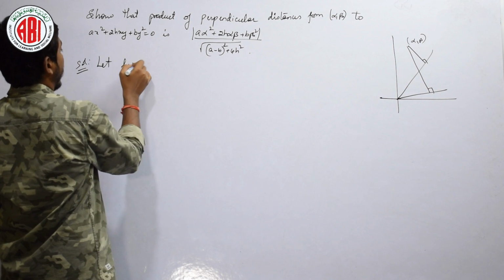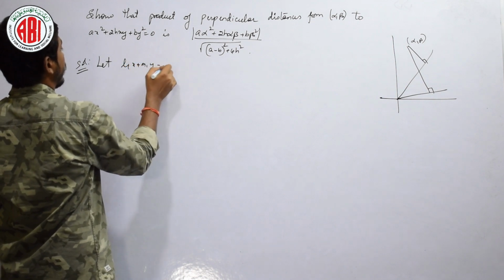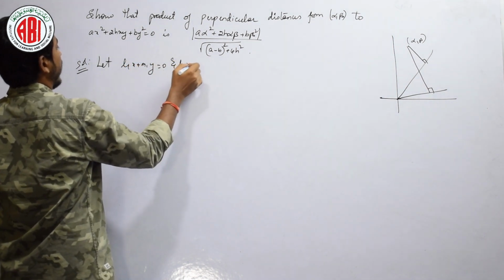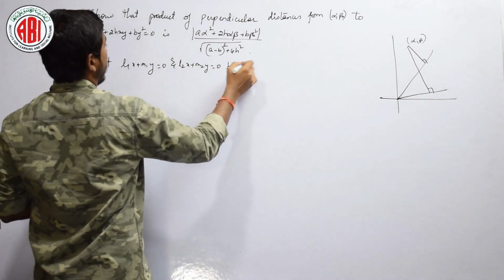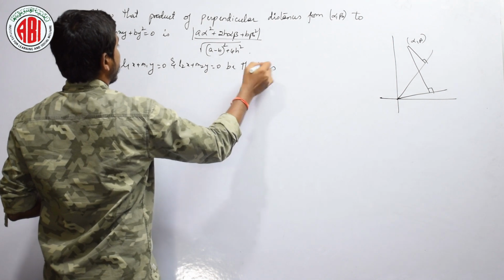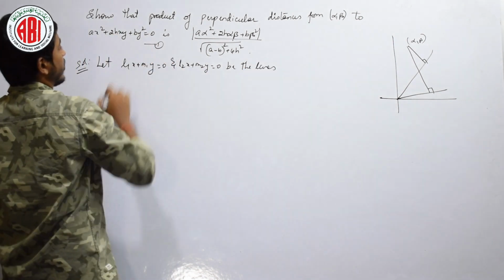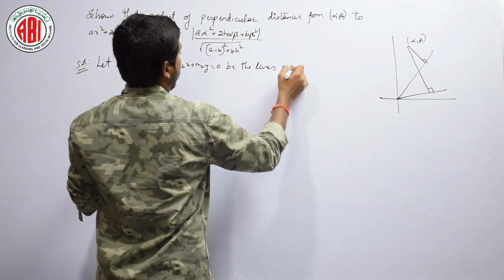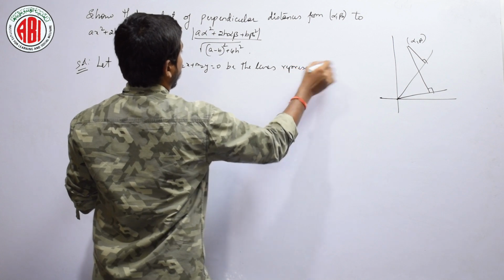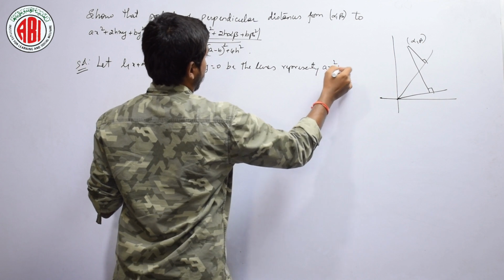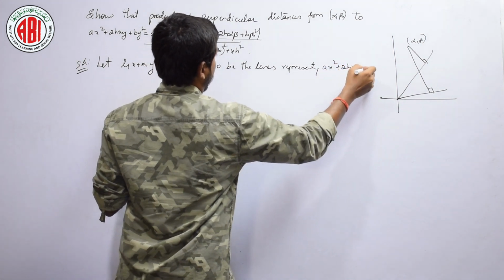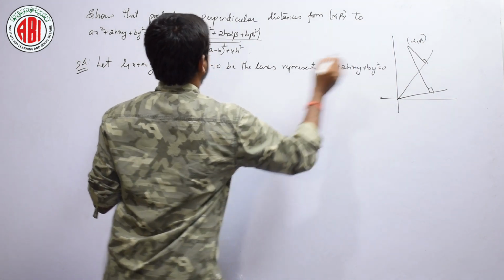Let L1x plus M1y equal to 0 and L2x plus M2y equal to 0 be the lines representing this equation 1, representing the pair of straight lines. That is, for this question, ax square plus 2hxy plus by square equal to 0.